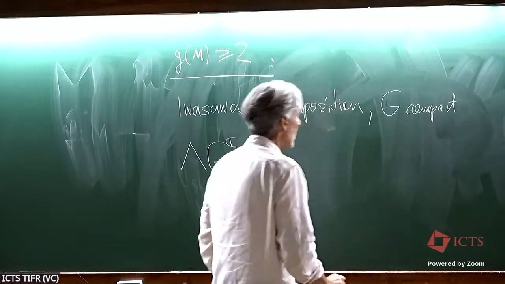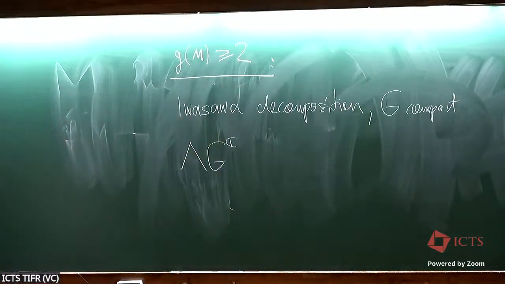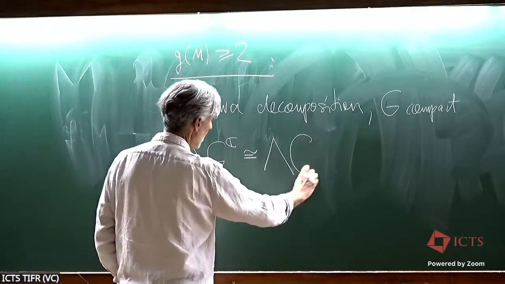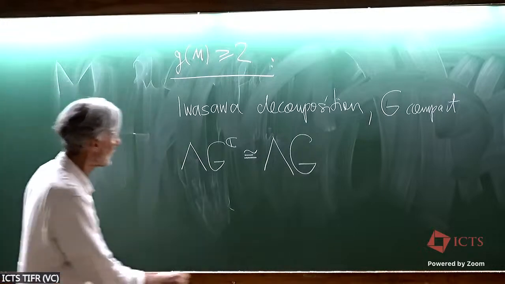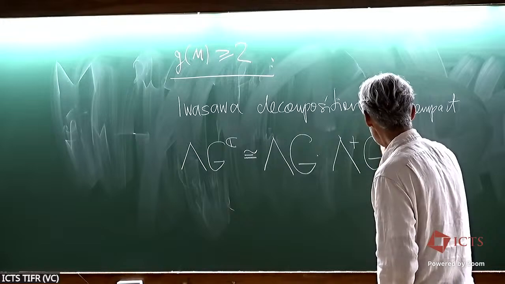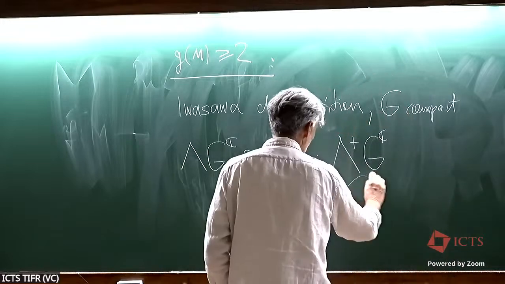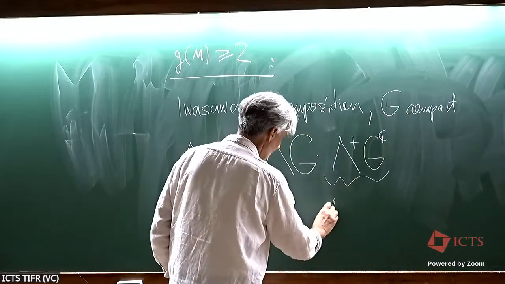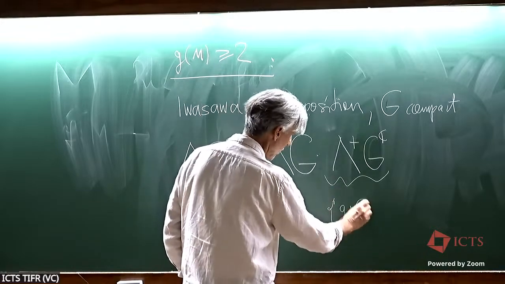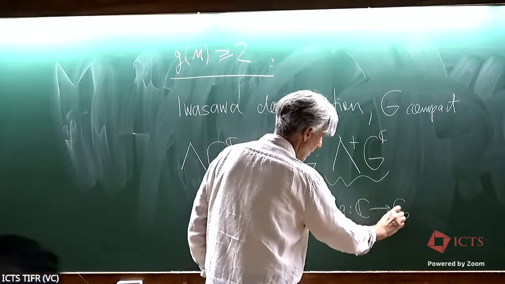And then this group is isomorphic to the real loops times loops, which I call plus GC. So you need to know what that is. These are the loops defined on all of C into GC.